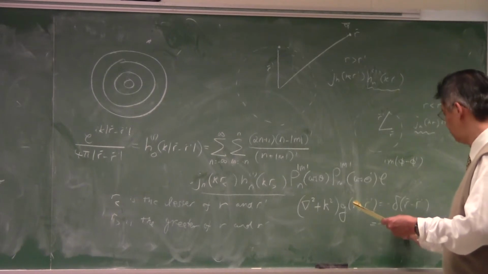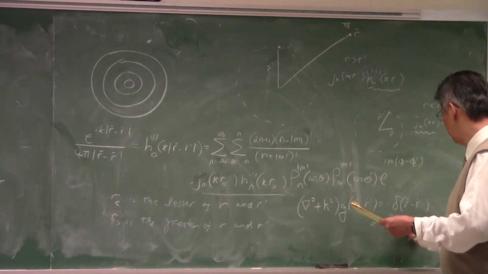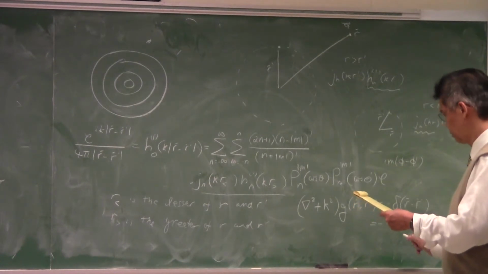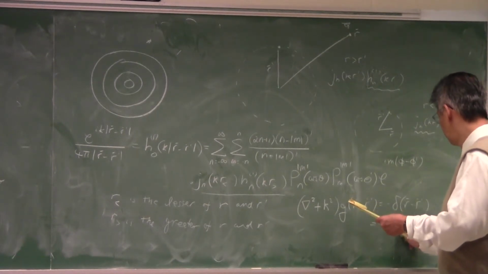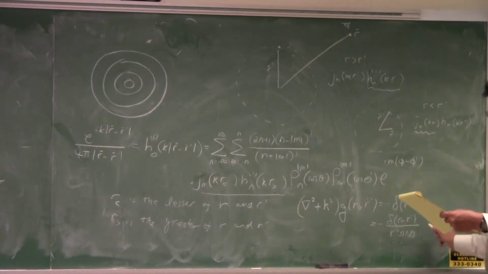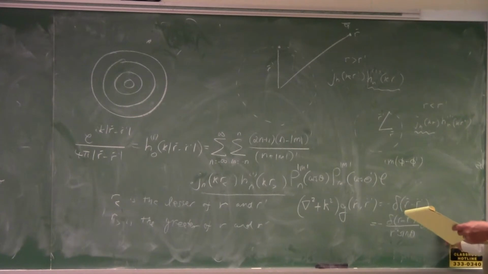If you write this delta function in terms of the spherical coordinate system, it will look something like this: sine theta, delta theta minus theta prime, delta phi minus phi prime.